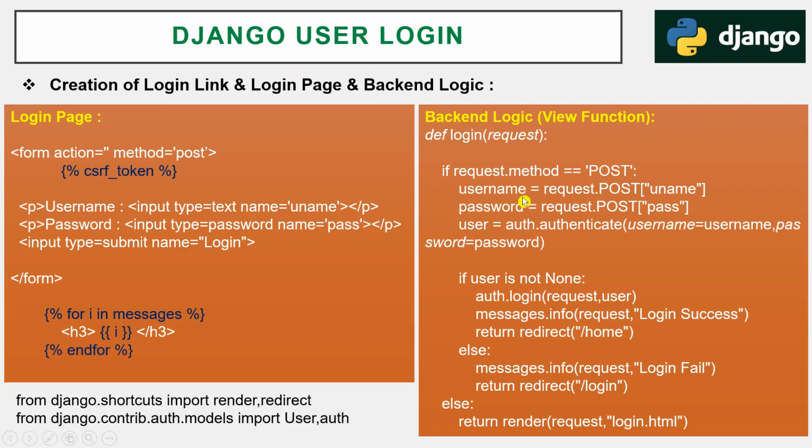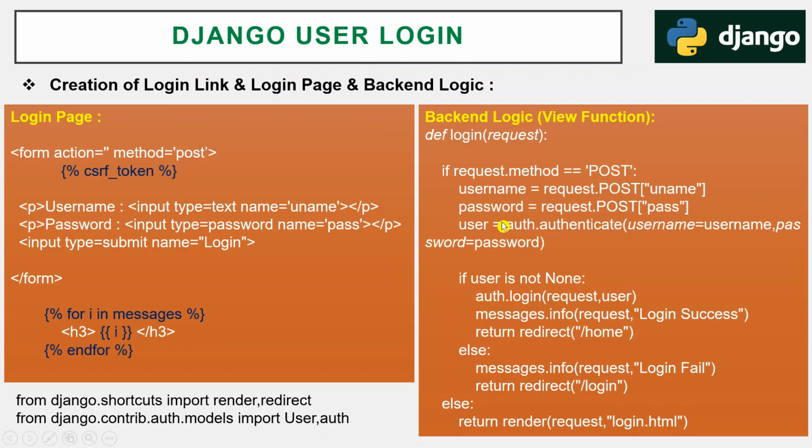And then, we are importing this: from django.contrib.auth.models import User and auth, where auth means authentication. This User we already saw in the case of registration, right? In this class we will make use of auth. Auth means authentication, and this authentication is very useful in the case of user login, friends.